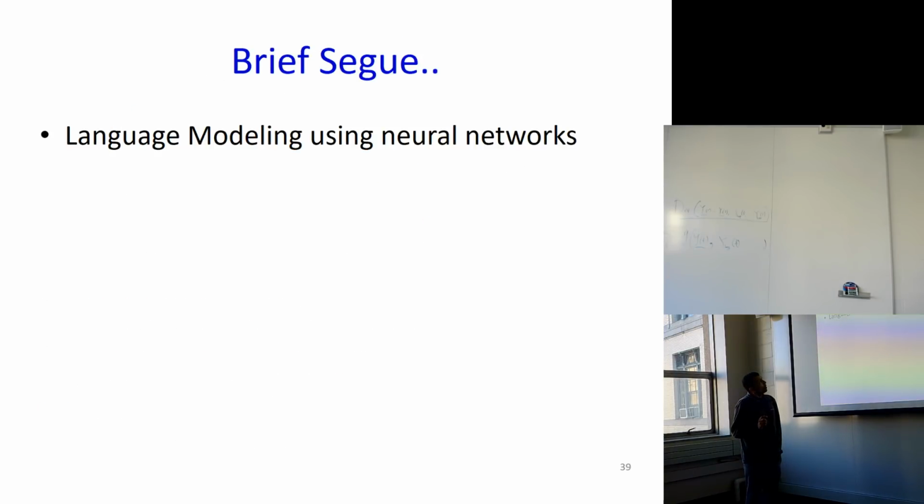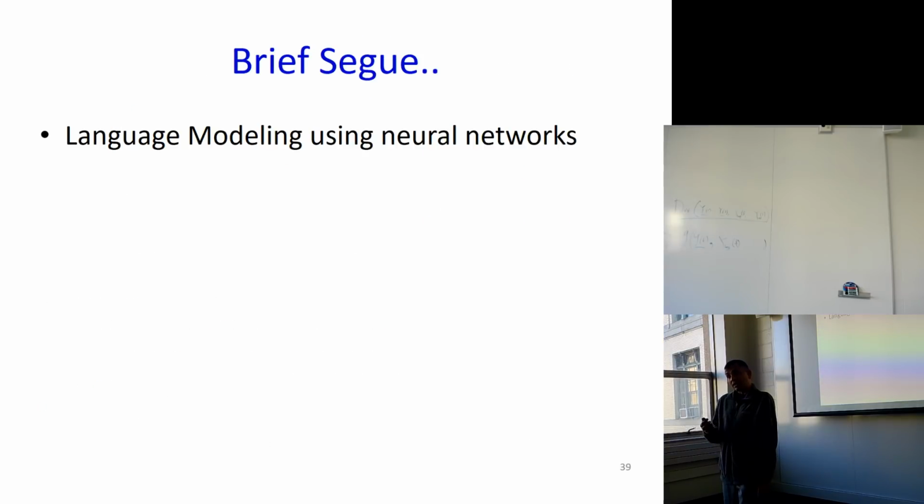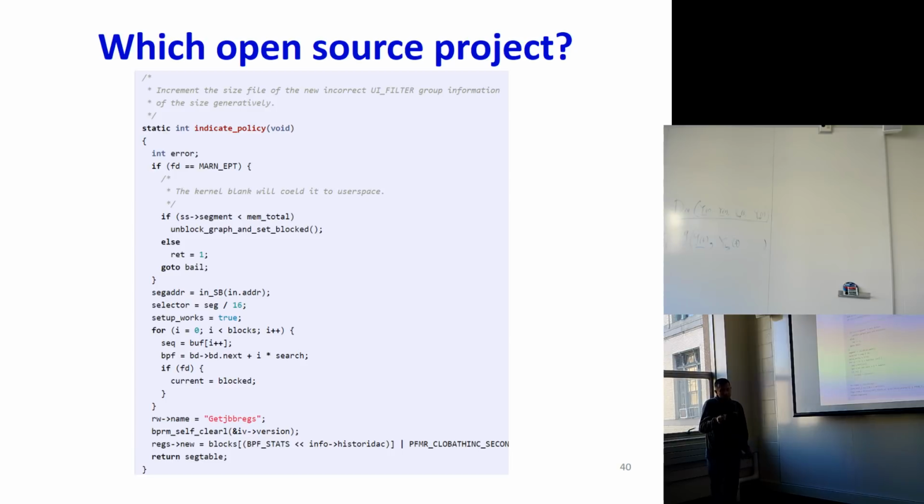Now, if you're modeling language using neural networks, what we're really speaking of is a model that represents symbol sequences. And if these symbol sequences are characters or words, you're really modeling language. So let me continue the segue into modeling language.